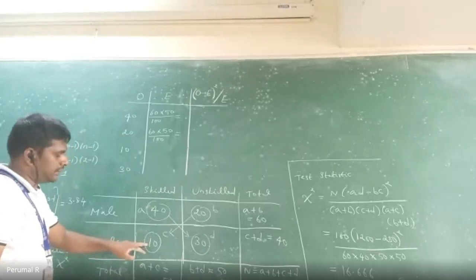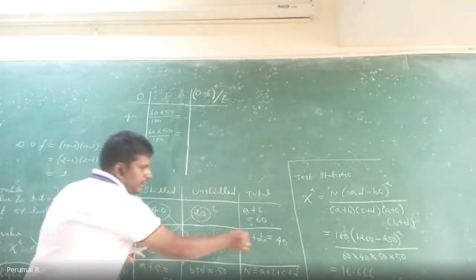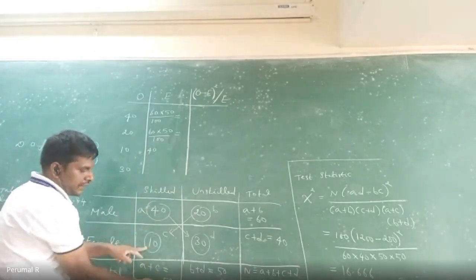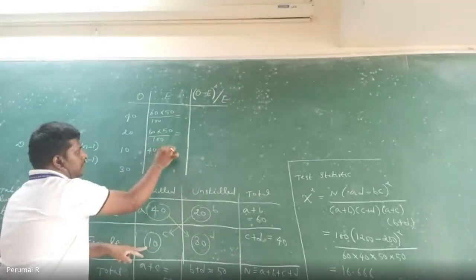Next one, 10. Look at this one. The 10 is present in the row whose total is 40, and in the column whose total is 50.